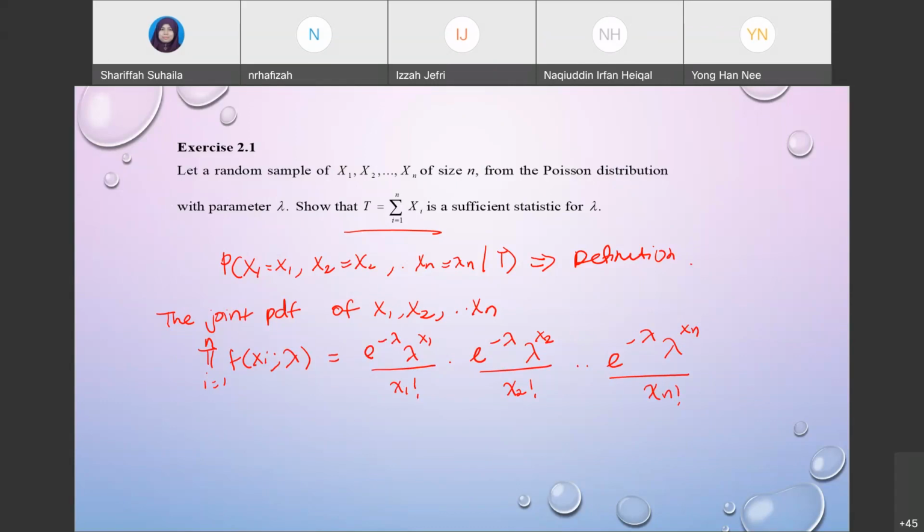If we simplify, we have exponential negative n lambda, lambda to the power summation xi, over the product of xi factorial.